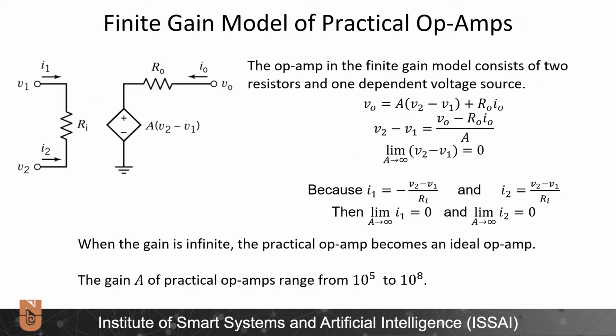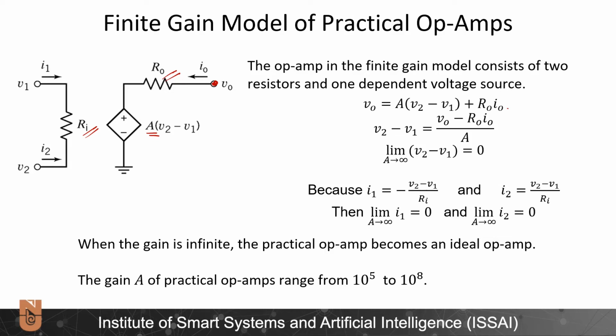The op-amp in the finite gain model consists of two resistors, Ri and Ro, and a voltage-dependent voltage source with a gain A. Let's analyze the circuit. Vout is equal to A times (V2 minus V1) plus Ro times Io.